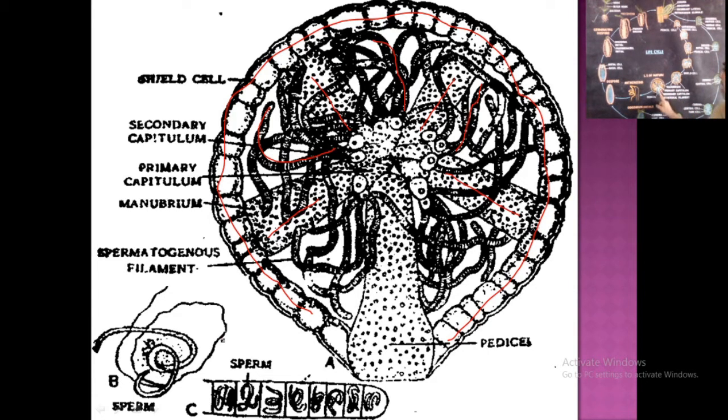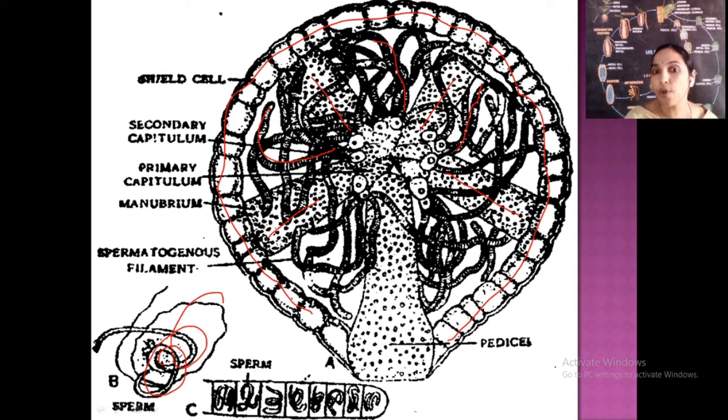At its branches, the antheridial filaments arise. Clear? So, primary capitulum and antheridial filaments, and these are the coiled sperms. You can see the coiled sperms here. Okay, so these are all in different cells, how sperms are arising.